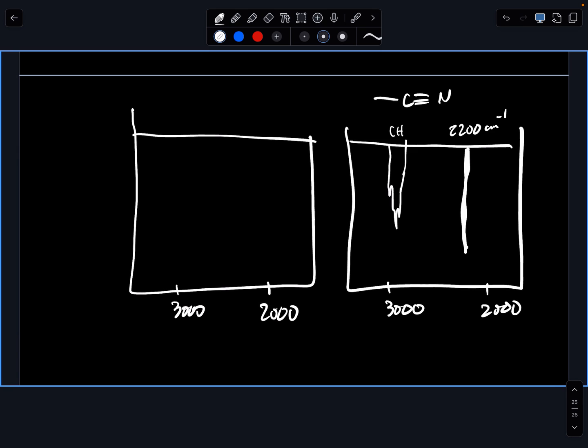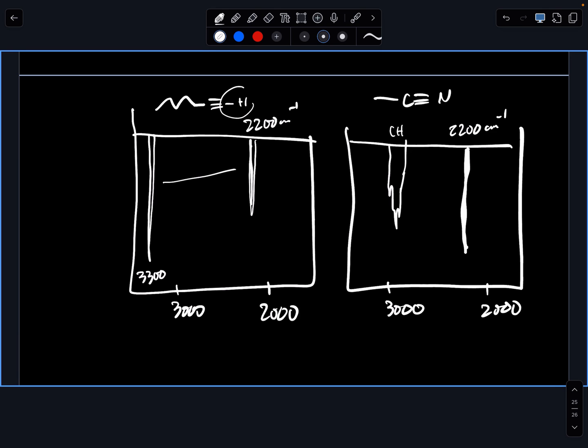If you have a terminal alkyne, you get that same peak. Usually it's not as strong, but still can be pretty strong, but hard to tell apart. But it also has that CH out at 3300. So what you're looking for is the combo of these two peaks to tell that it's a terminal alkyne.